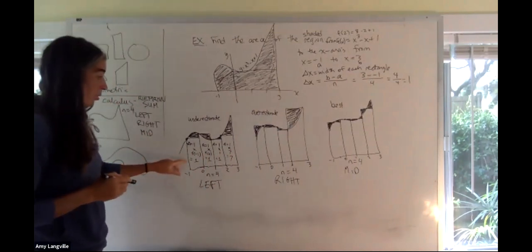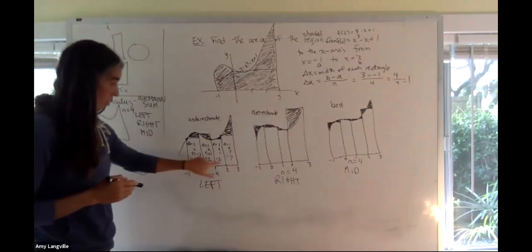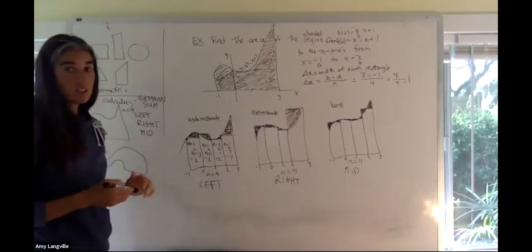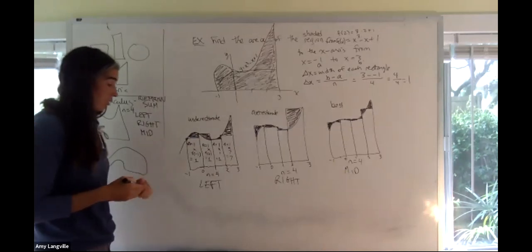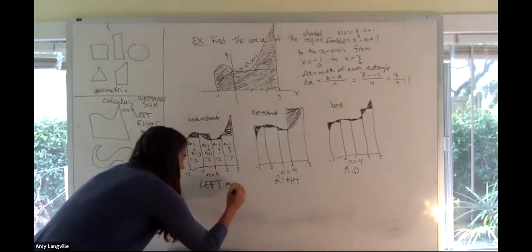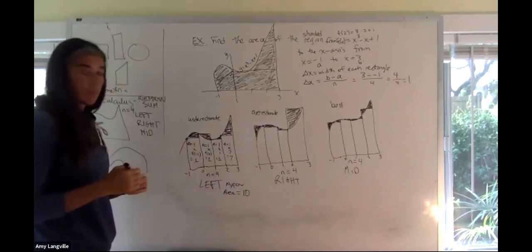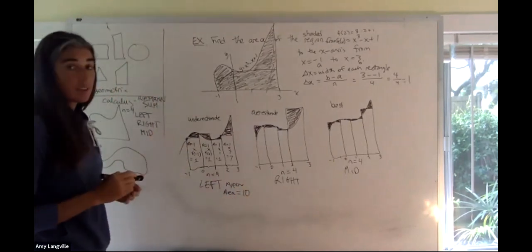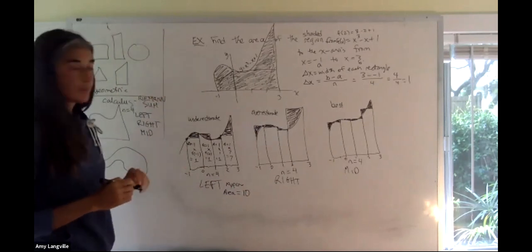And then we would add up 1 plus 1 plus 1 plus 7. That gives us an area of 4 rectangles, and we'd say that the left approximate area is equal to 10. And that should be an underestimate of the true area.